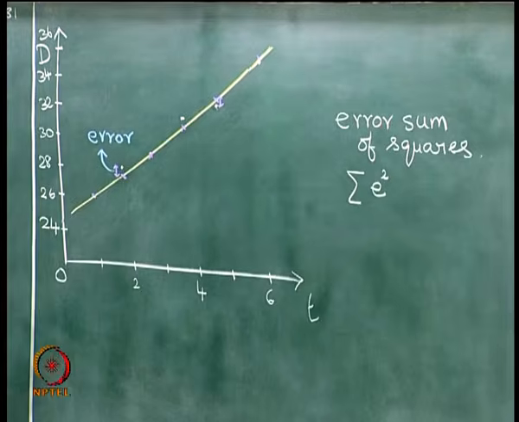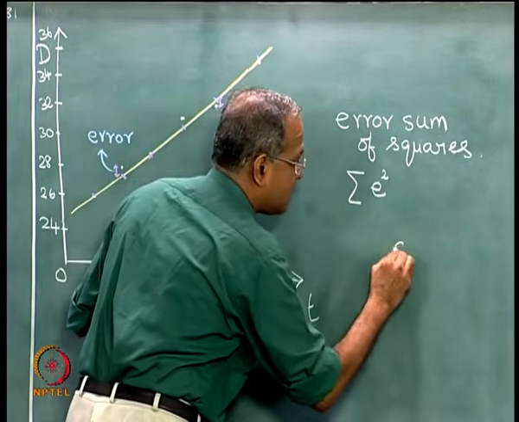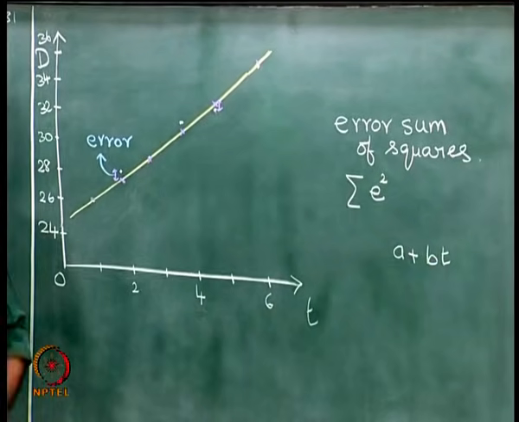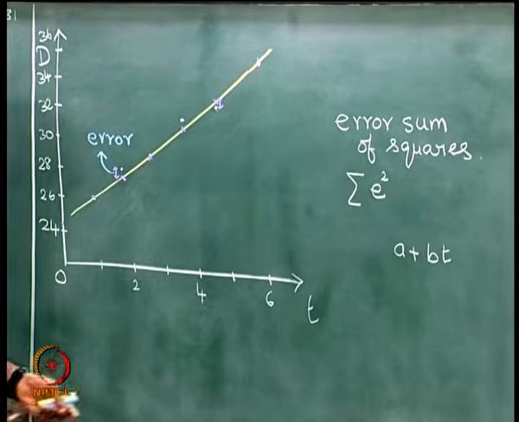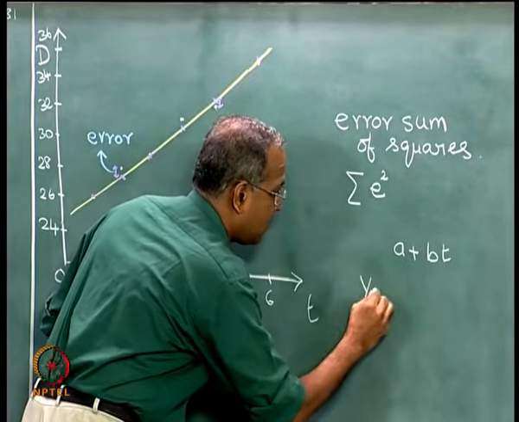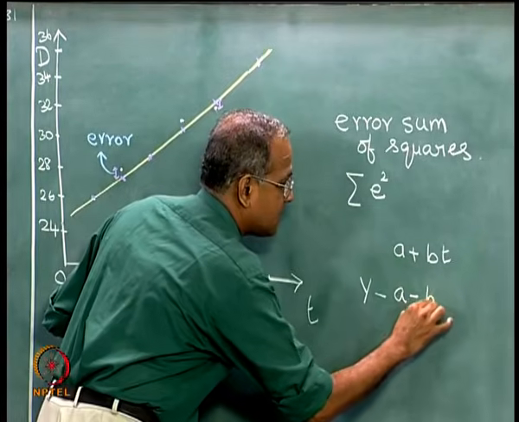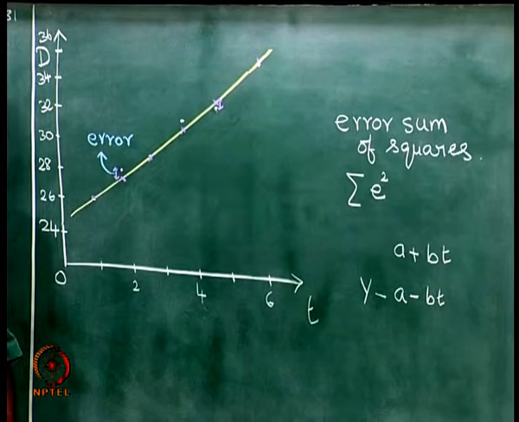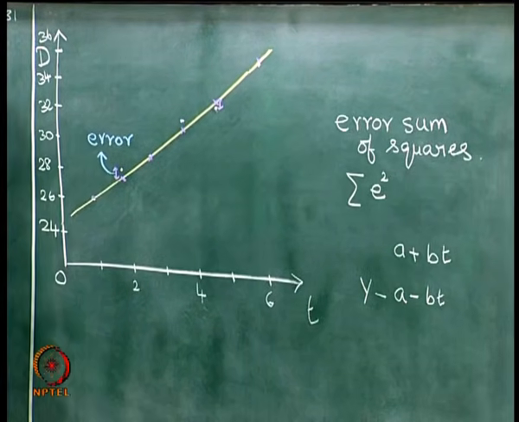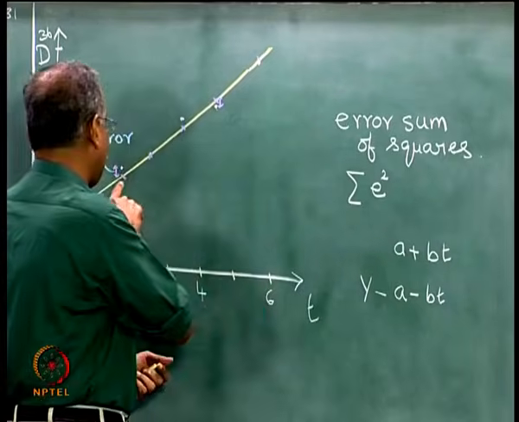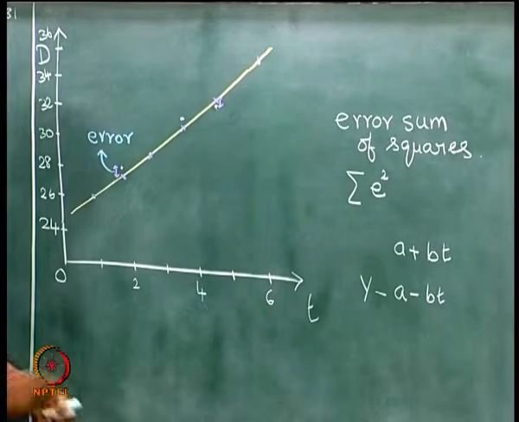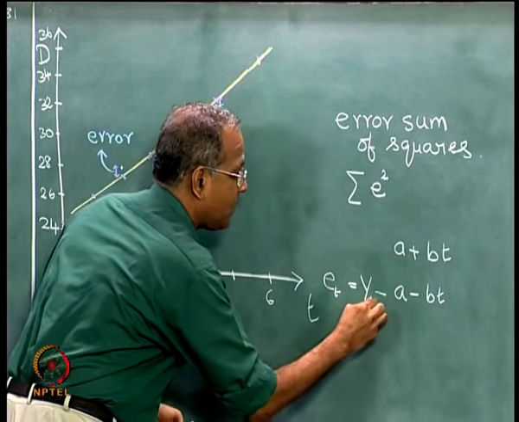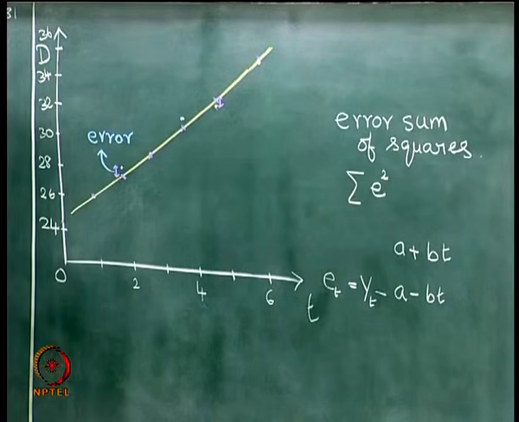Or if this line is going to have coordinates a plus bt, where a and b are to be determined, then the error term will be y minus a minus bt. Error term specific to a particular point, say the tth point, can be written as Et is equal to Yt minus a minus bt.